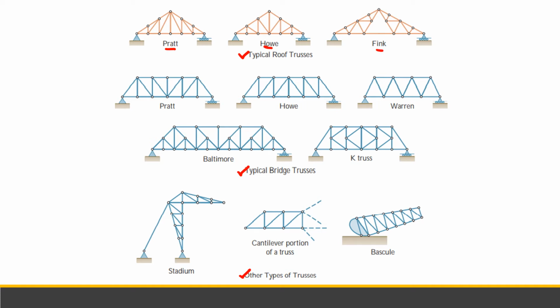So yung pinaka-common na nakikita natin ng mga roof truss, if nakikita nyo ng mga construction sa mga roof trusses, are these Howe. So, and also yung Pratt. So, for me, personally, hindi pa nakita ng truss na kagaya nitong Fink truss na to. So, yung common lang nakikita natin sa mga roof trusses sa mga residential houses is yung Howe and yung Pratt.